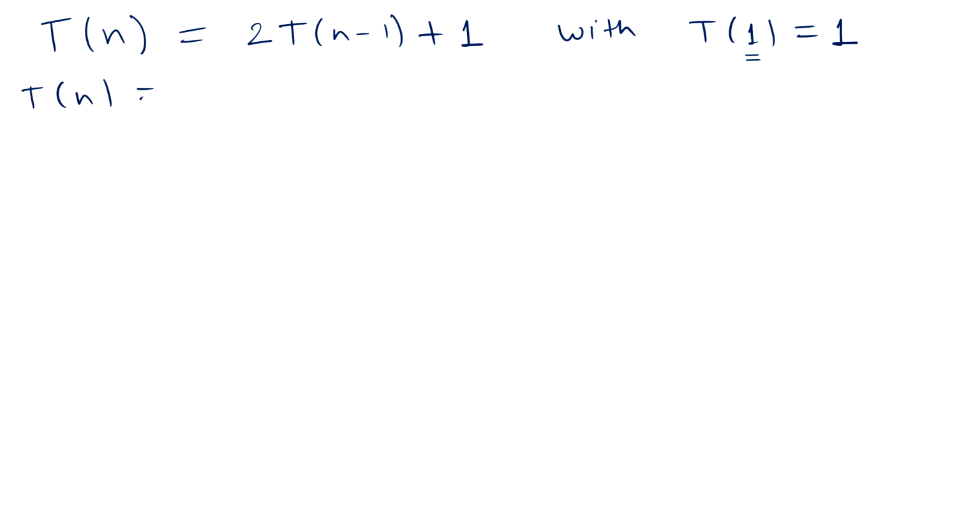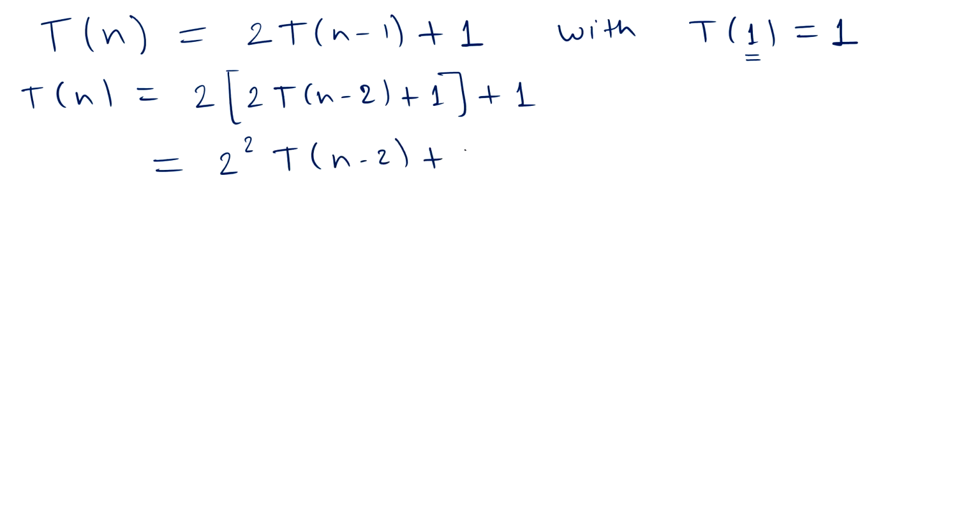Keeping the left hand side as it is, we can expand the right hand side like this: 2 times T of n minus 2 plus 1, plus 1. Does it make sense? 2 square T of n minus 2, plus 2 plus 1, which can be written as 2 square.